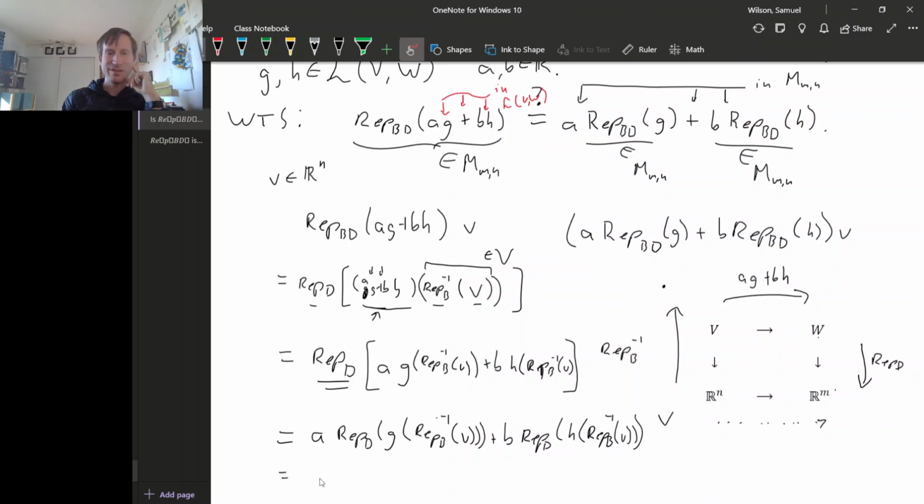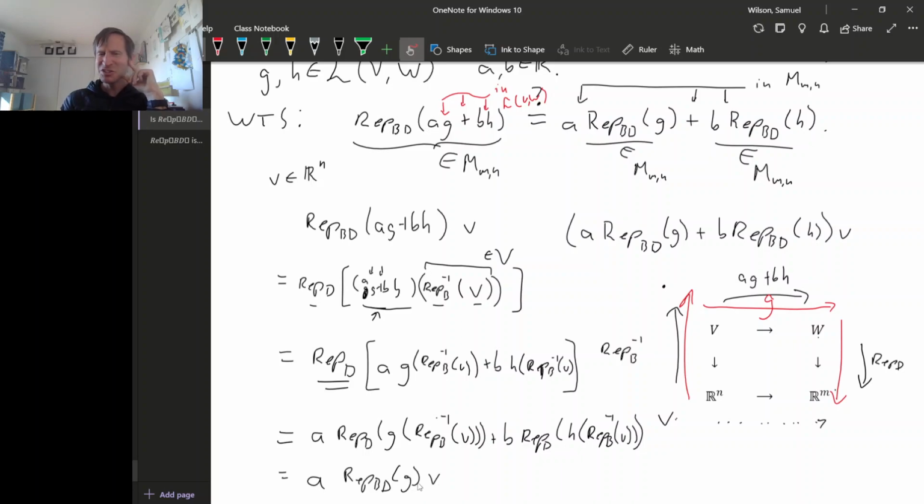Okay, so what is rep D of G of rep B inverse of v? If you start with v and you go up using the inverse of rep B, and then you go over using G, and then you go down, what do you get? Well, it's not the definition, but we know that it's equal to rep BD of G times the vector v, right?